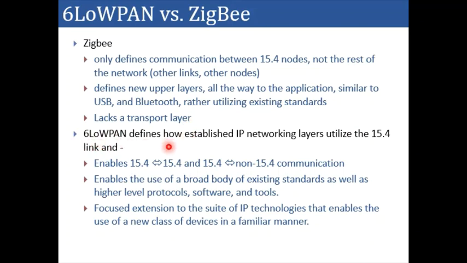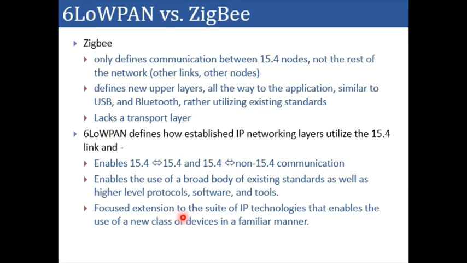While in case of 6LoWPAN, it enables communication between 802.15.4 to 802.15.4 devices as well as 802.15.4 to non-802.15.4 devices. It enables the use of a broad body of existing standards as well as high-level protocol software and tools which are part of the standard TCP/IP stack.